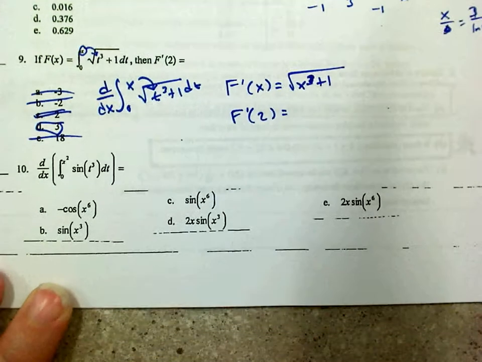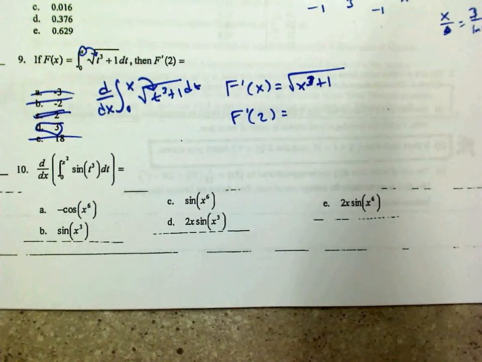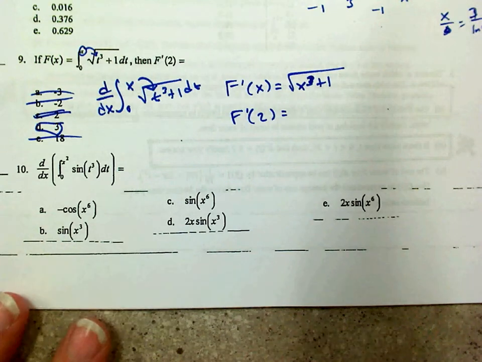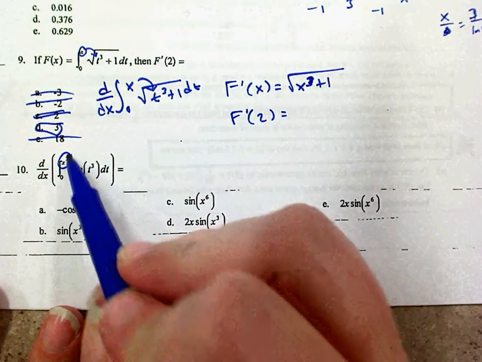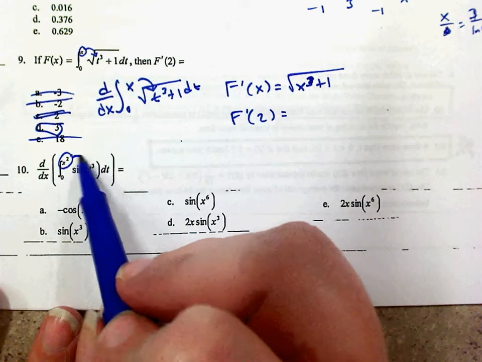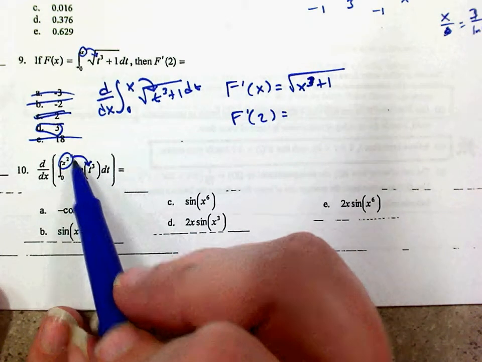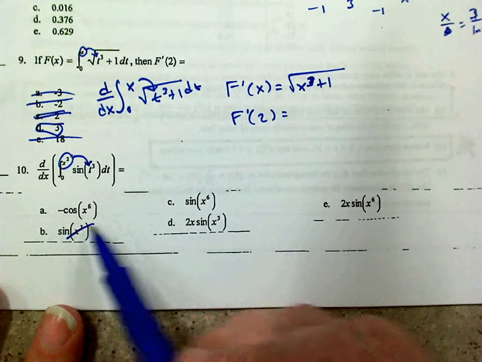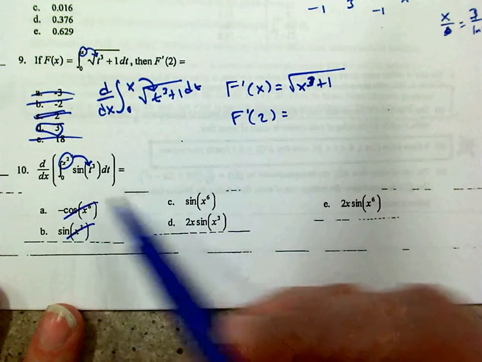Slightly different. Let's do number 10. So what do we plug in? Plug in x squared where? Into t. So that's going to be x squared cubed, which is x to the 6th, yeah? And it's going to be a sine, yeah?